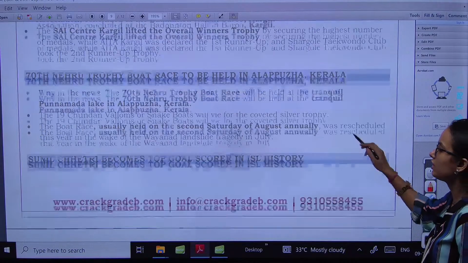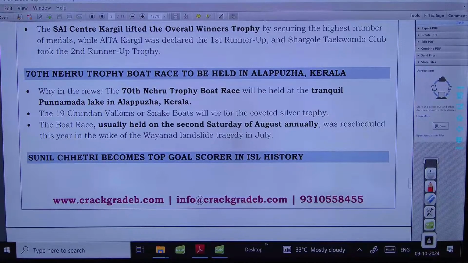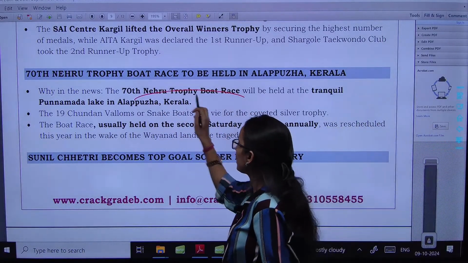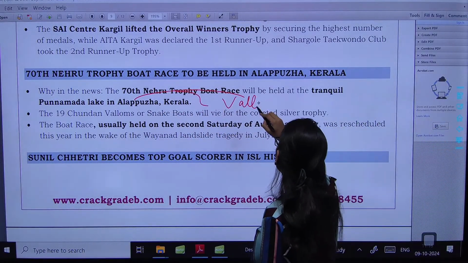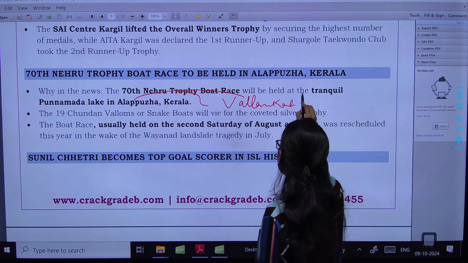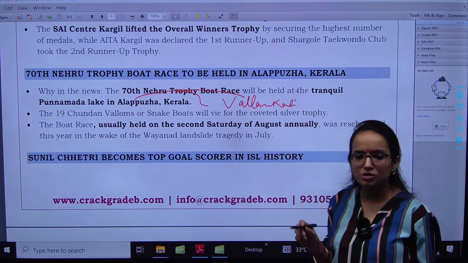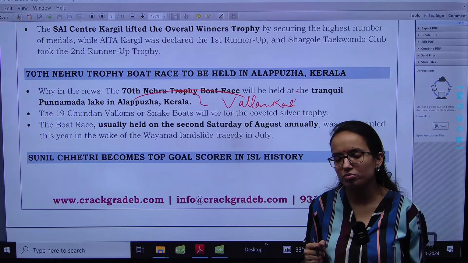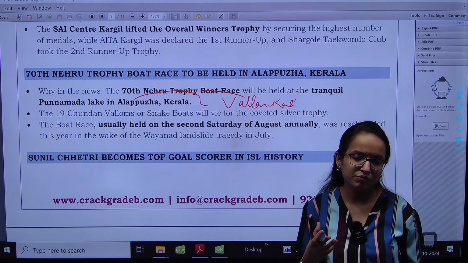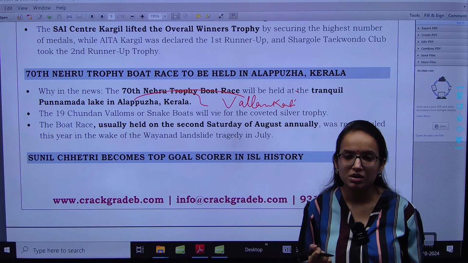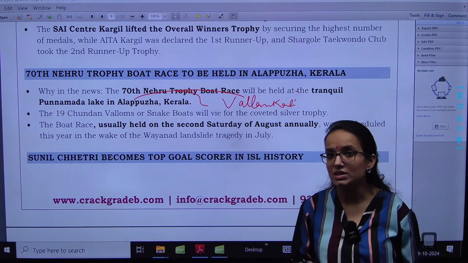Now the next category you have is a famous boat race, you all know, the 70th Nehru Trophy boat race. It is also known as the Vallamkali boat race, if you remember, right? It is a famous boat race from Kerala's backwaters. Now this is the 70th one.